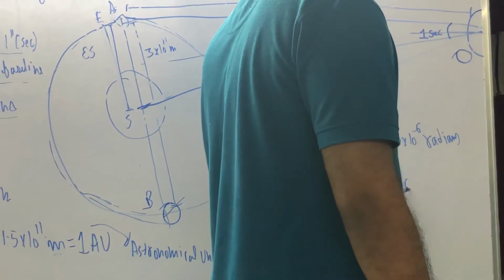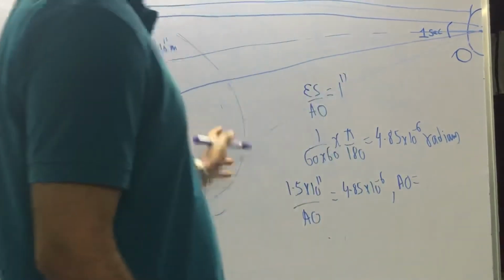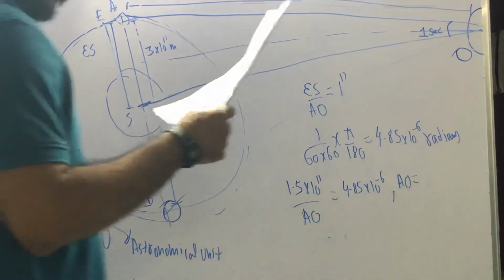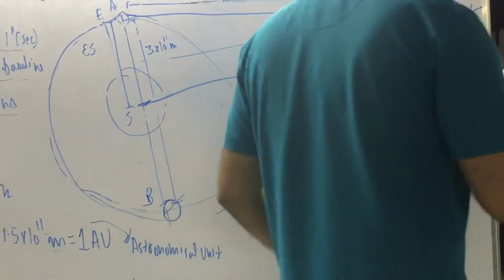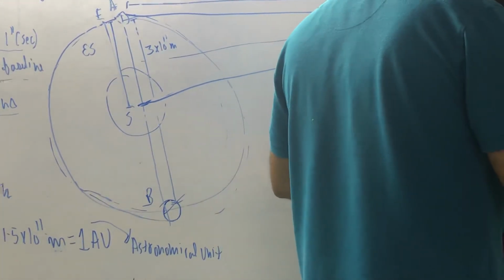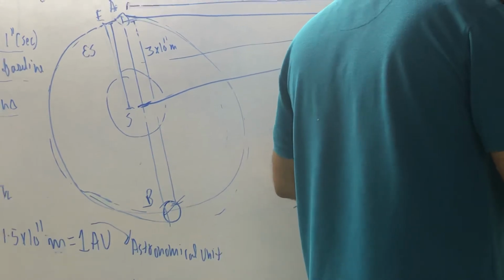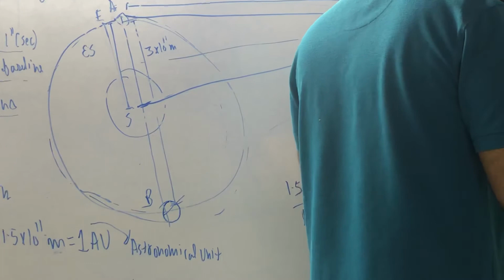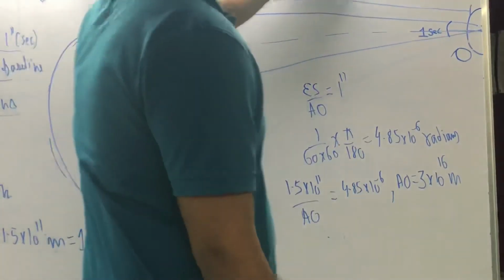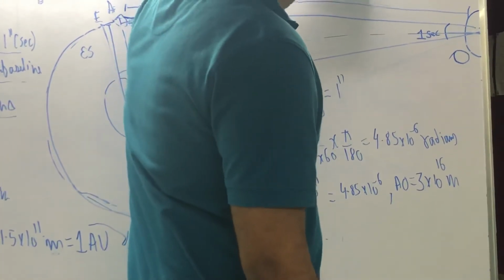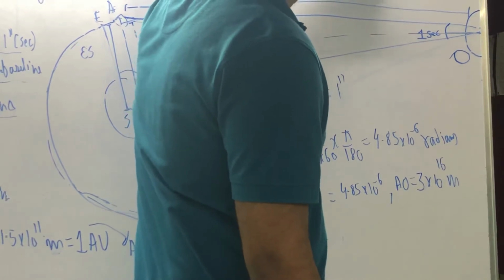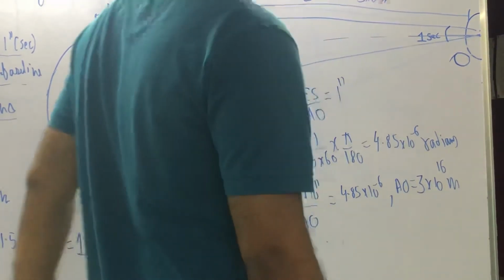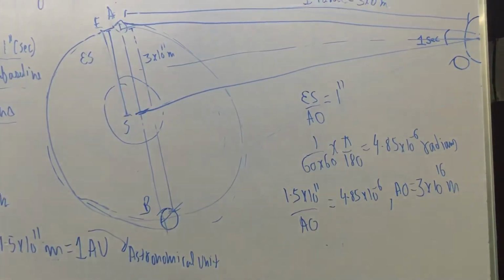AO is 1 parsec. So AO comes out to be 3 into 10 raised to the power 16 meter. So 1 parsec is basically 3 into 10 raised to the power 16 meters. This is the value of 1 parsec.